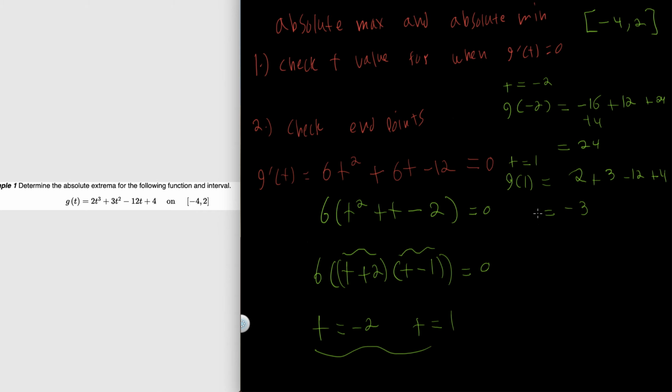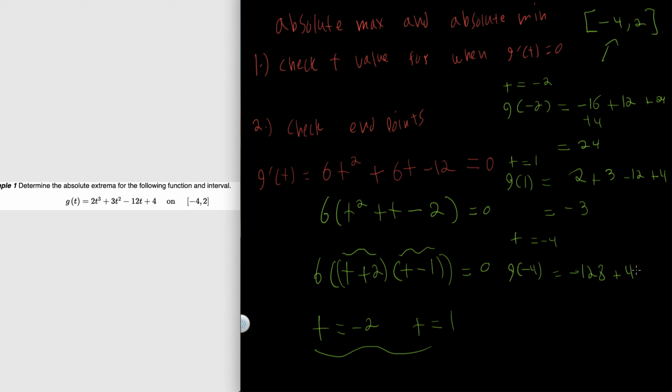Let's check the rest. Now we have to check t is equal to negative 4. Again, that's an endpoint, right? So let's plug that in. G of negative 4 is equal to 2 times negative 4 to the third. Negative 4 times negative 4 is 16 times negative 4, it's negative 64 times 2, negative 128. Negative 128 plus 16 times 3, I believe that's 48.